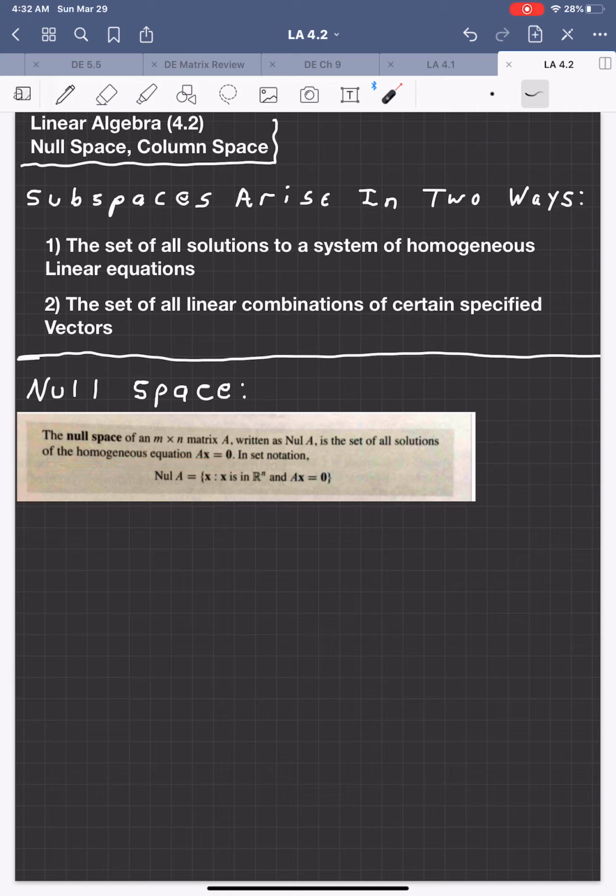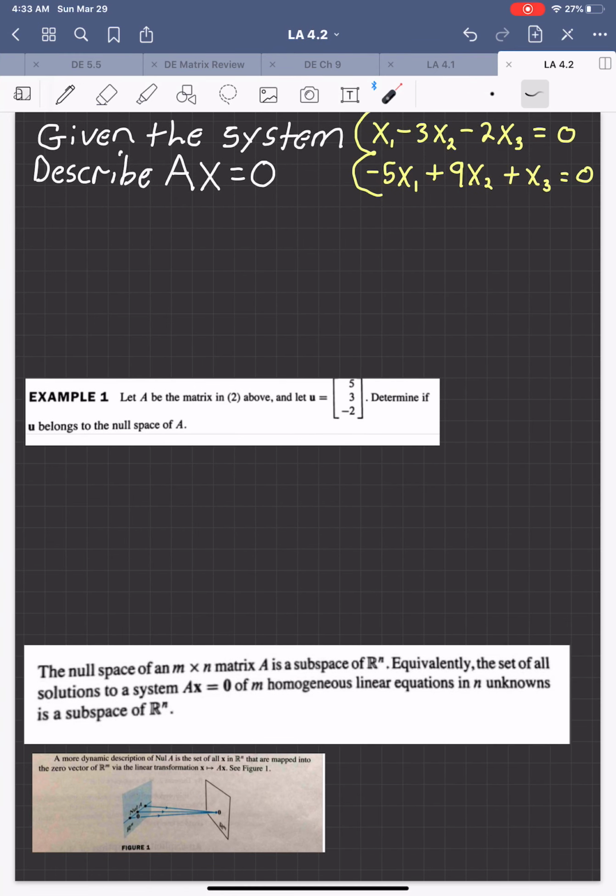Now, AX equals 0 is something you've seen before. It's just a homogeneous equation where you have a matrix A and a vector x, and when we multiply AX, we get the 0 vector. Let me see if I can make this come alive a little bit more.